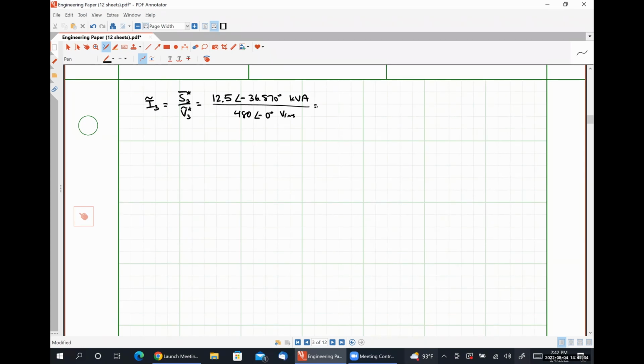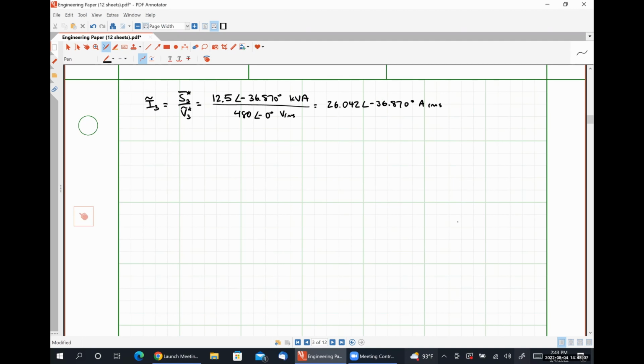And throwing this into my calculator, I get 26.042 angle of negative 36.870 degrees amps RMS.